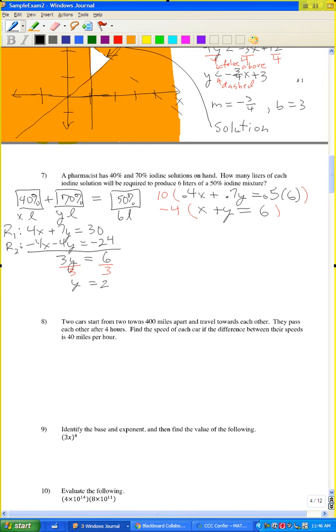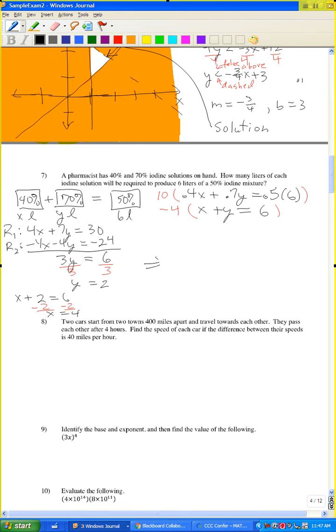Let's plug into this equation here. So x, the second equation, plus y equals 6. Subtract 2. So x equals 4.